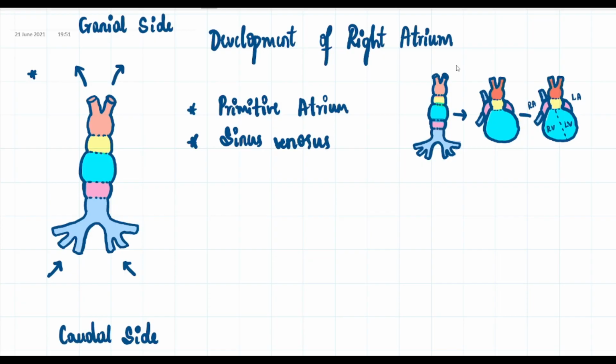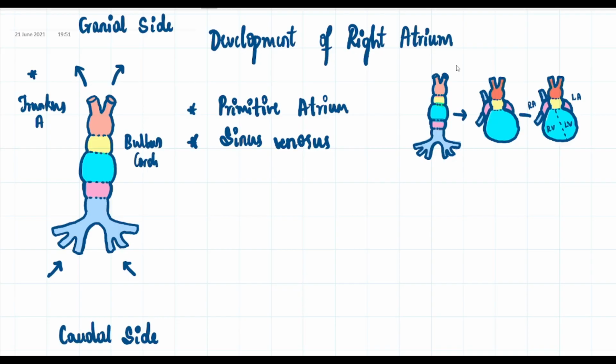Okay, see this figure. This is the cranial side. This is the caudal side. Okay, head and tail side. This part which is in red is called truncus arteriosus, and this part just below the truncus arteriosus is called bulbus cordis.